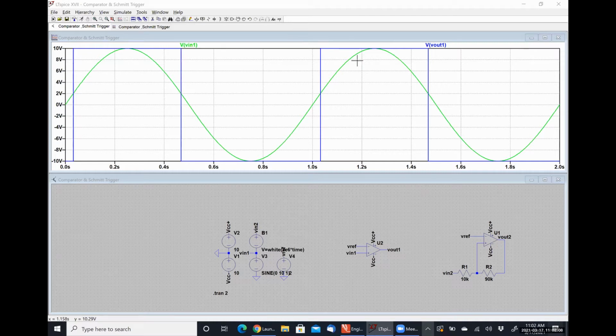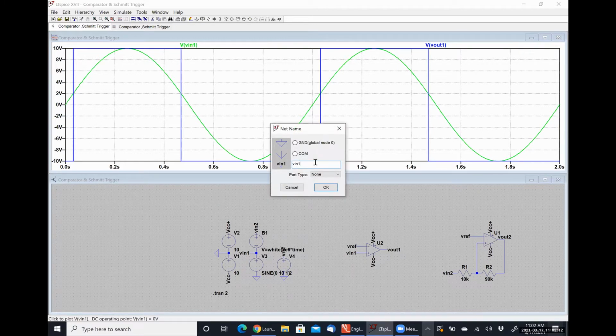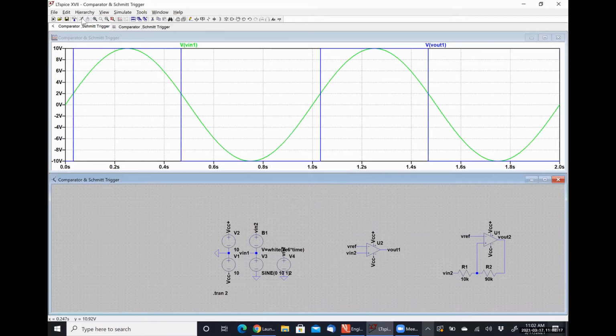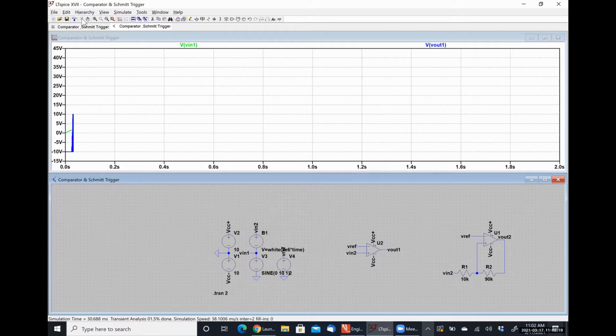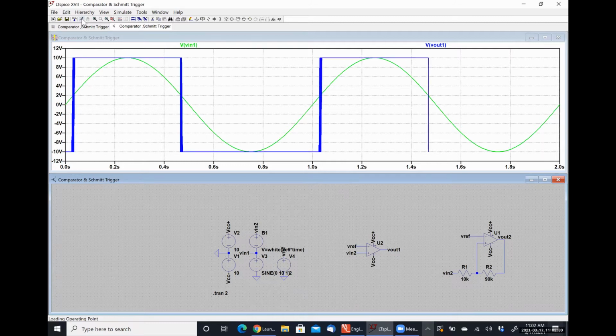Now I'm going to break it by including noise on my input signal. It's going to take it a minute to do all the simulation stuff because it's collecting many, many more data points. All right, so it looks relatively the same, except that those vertical regions look a lot thicker.